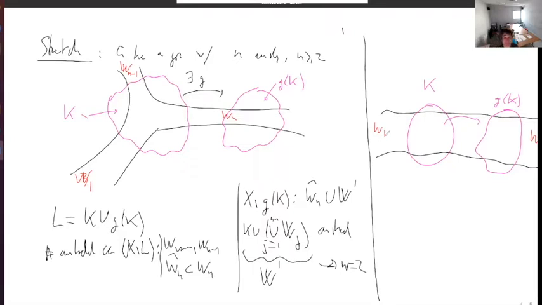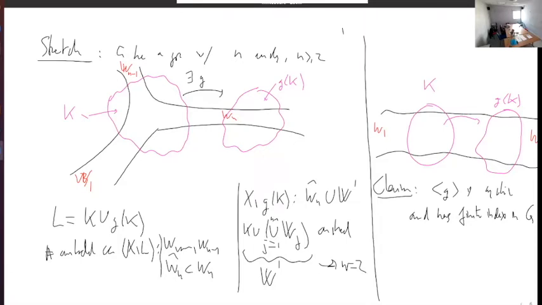So what I claim is that the subgroup generated by g is cyclic and has finite index. It is infinite cyclic, I mean, and has finite index in my whole group G. So the idea is the following. To prove that it is cyclic is easy because you see that g shifts K disjoint from itself.